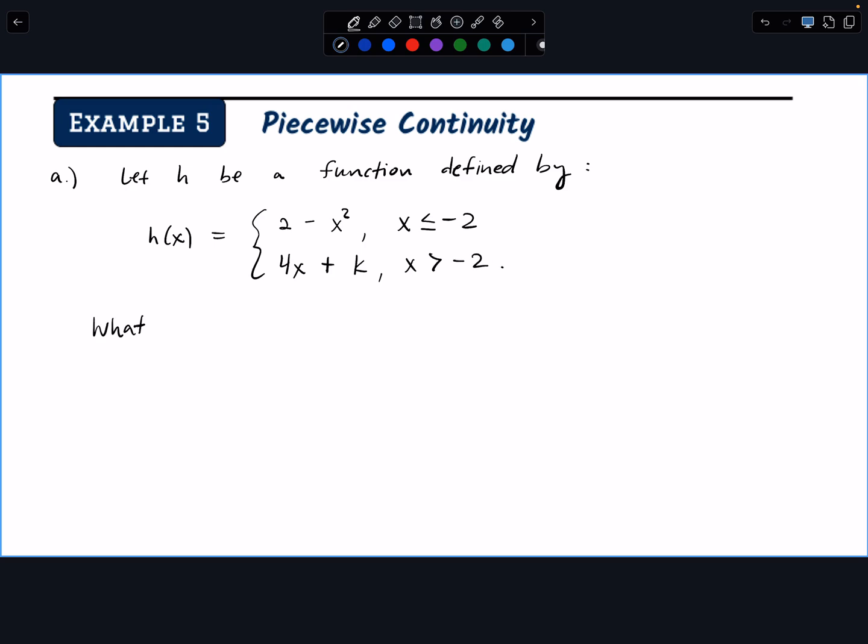What value of k makes h of x continuous at x equals negative 2?